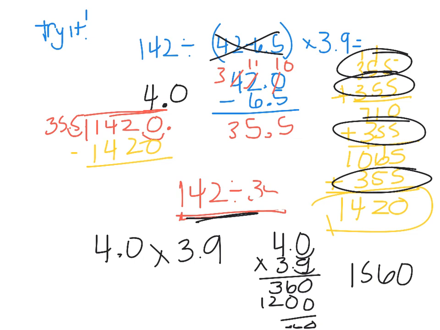Count my jumps too. So I got 15.6. My work was all over the place, but let me check the math book. Yep, that's correct. I did it right. Yay! I love when I do this right. It's such a good feeling.